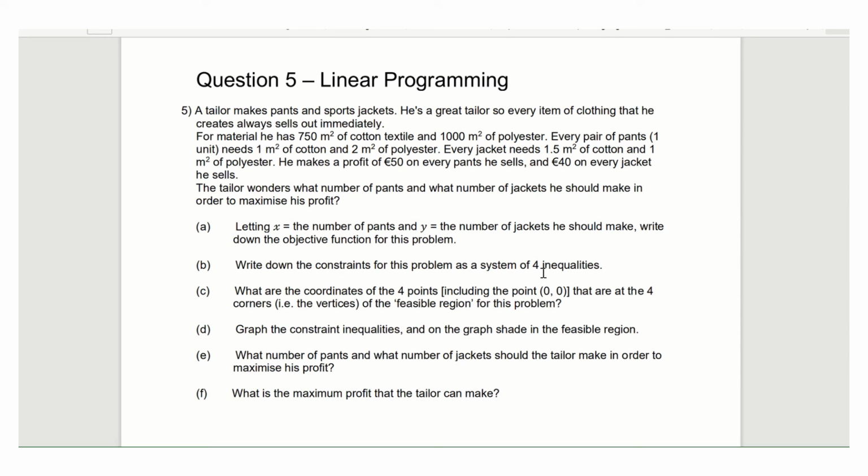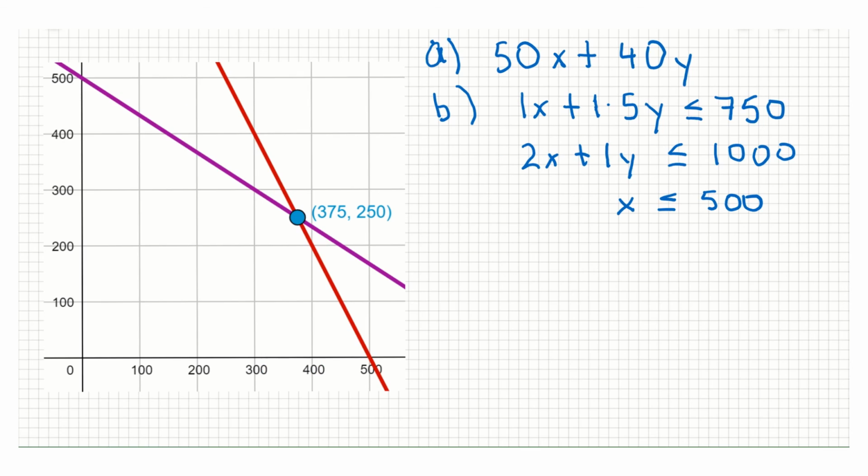So if he needs 2 meters squared of polyester and he has 1,000 meters of polyester, that means the most pants he can make is 500. And actually the same applies for the jacket. 750 meters of cotton and he needs 1.5 for every jacket. 750 divided by 1.5 will bring you back to the 500 for y as well. So y is less than or equal to 500 as well.